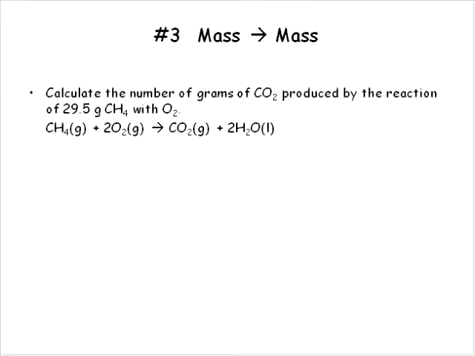Okay, the third example, now we're going from mass to mass. Calculate the number of grams of carbon dioxide produced by the reaction of 29.5 grams of methane. We're given grams here and grams here, so we're going to need to find the molar mass of methane, CH4, and the molar mass of carbon dioxide.